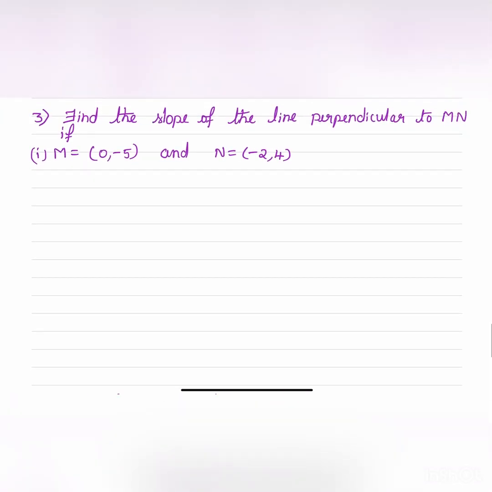Find the slope of the line perpendicular to MN if M is equal to (0, minus 5) and N is equal to (minus 2, 4). In this case, we know that if the lines are perpendicular, then m1 into m2 is equal to minus 1. So let us find out the slope of MN and then we can get the slope of the other line. So m is equal to y2 minus y1 divided by x2 minus x1.